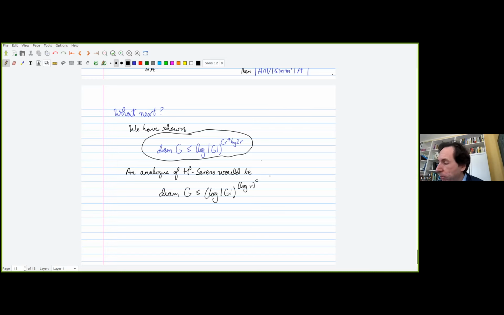But I haven't got something there, and so it's a challenge to the newer generations and to myself. Now that we have got a polynomial exponent, what about a polynomial in log R? That would be beautiful. All right, so with that, I think I can finish. Thank you.